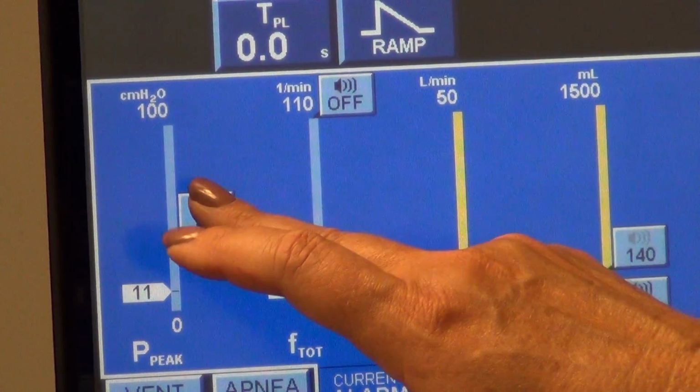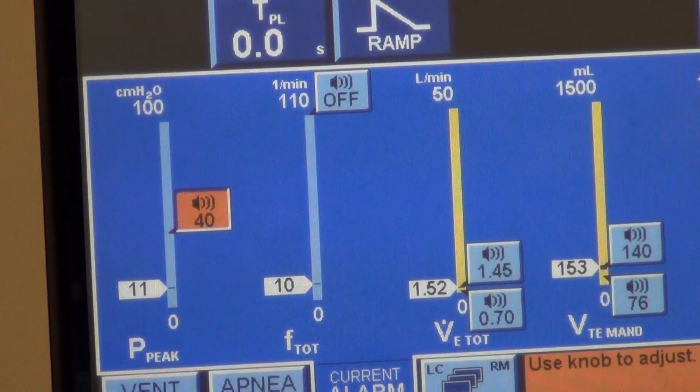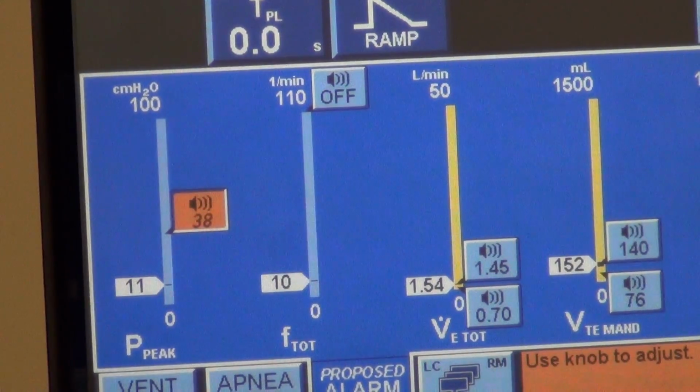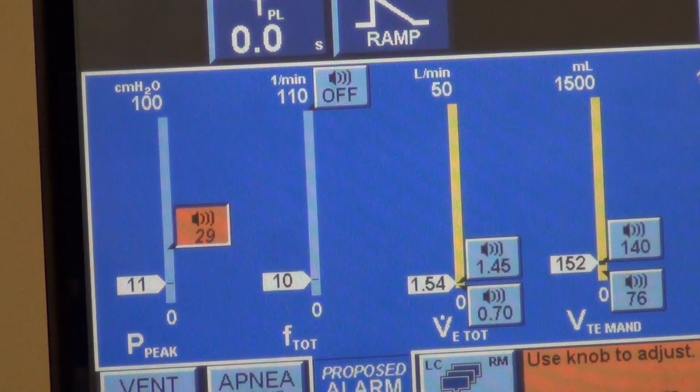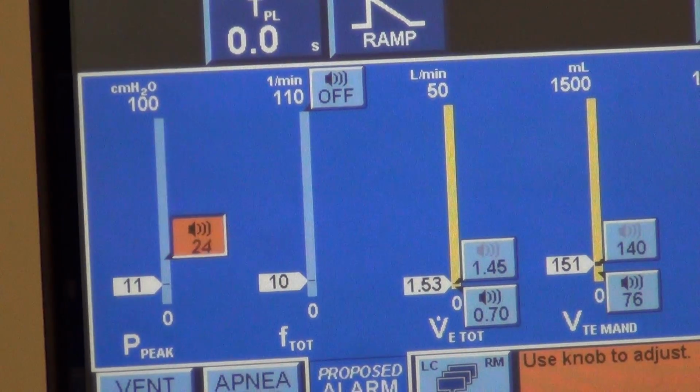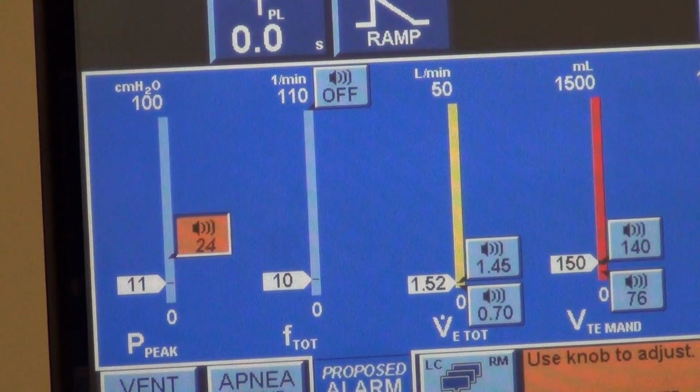All right. Our patient's pressure is roughly at 11. So in this regard, being a pediatric patient, well, what are the rules for adult patients? Because remember, these pediatrics are small adults. 10, 15 above. Okay, all right. So if we're at 11, go ahead and set your alarm appropriately.